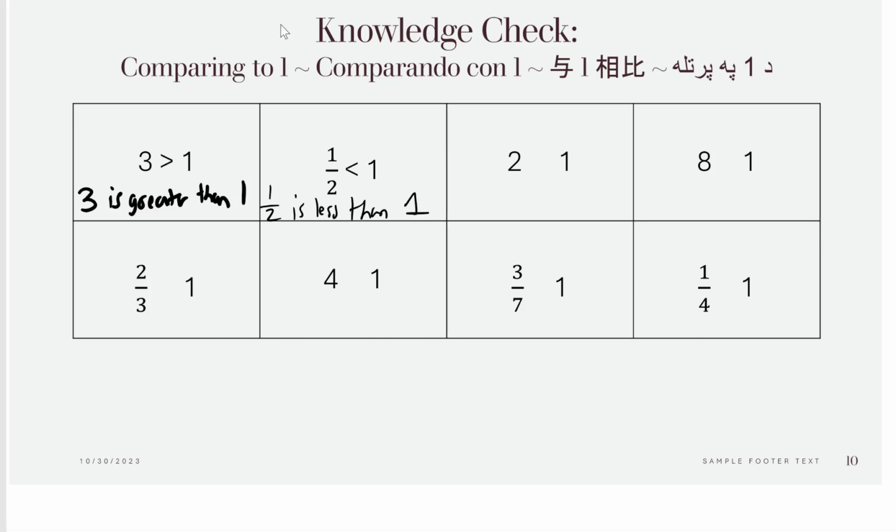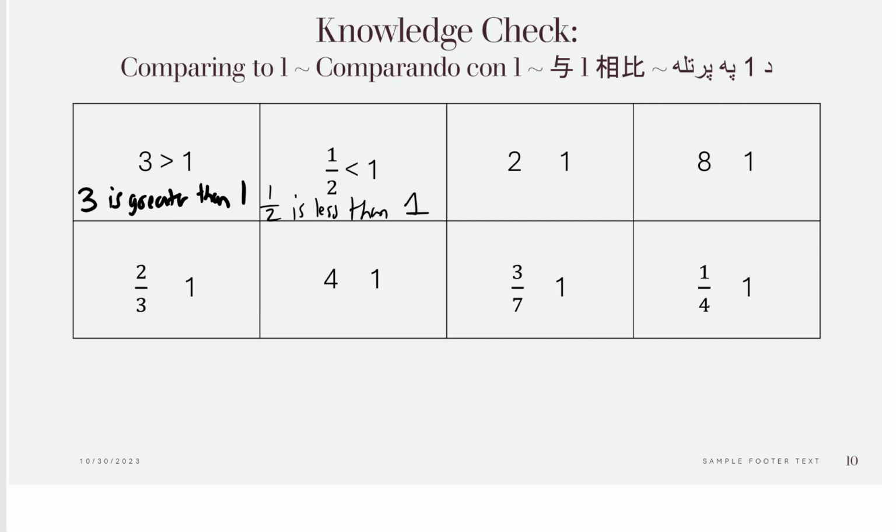In Spanish, this is 3 es mayor que 1. Aquí es mitad es menor que 1. Mayor que aquí significa más grande. Less than, menor que, significa más pequeño. Mitad de pizza es más pequeño que pizza. So, I compared it to pizza. Half a pizza is obviously smaller than 1 whole pizza.